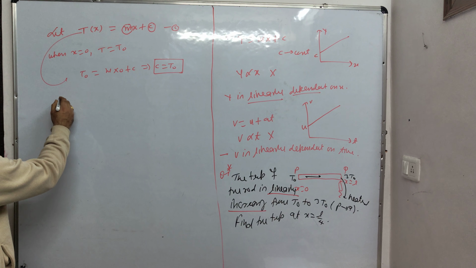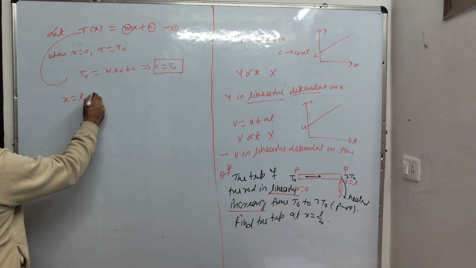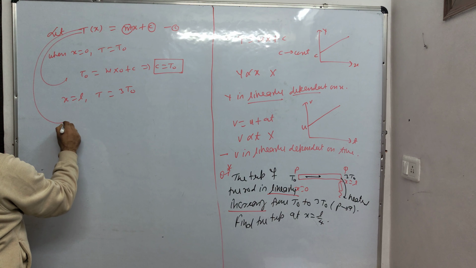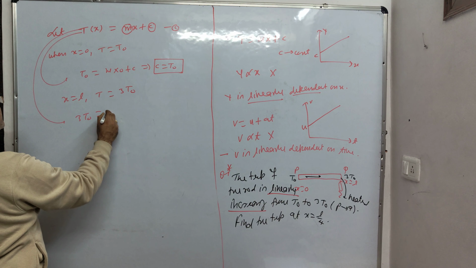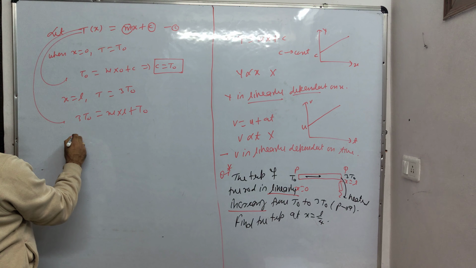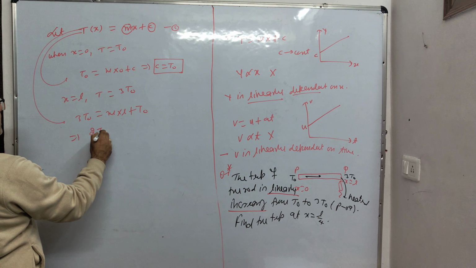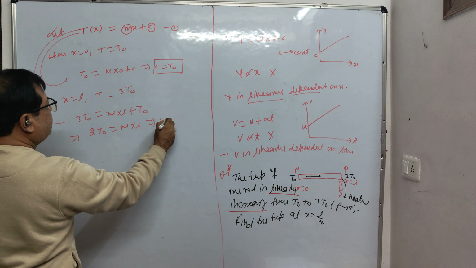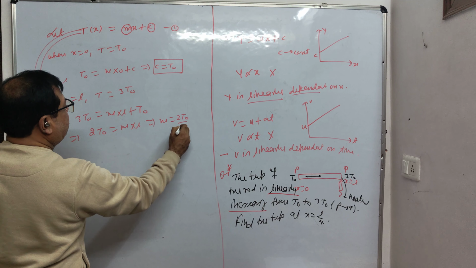So 3 T0 is m into L plus T0. So from this point 2 T0 is equal to m into L. So that implies m is equal to 2 T0 by L.